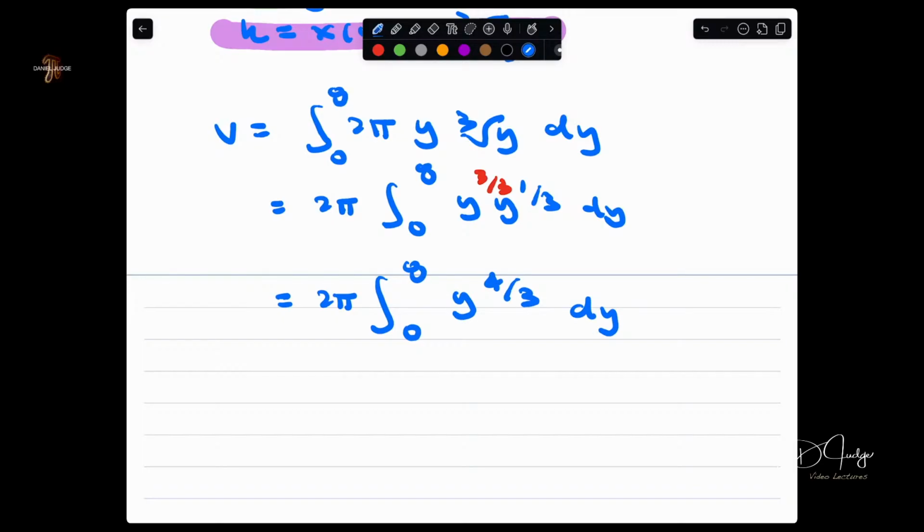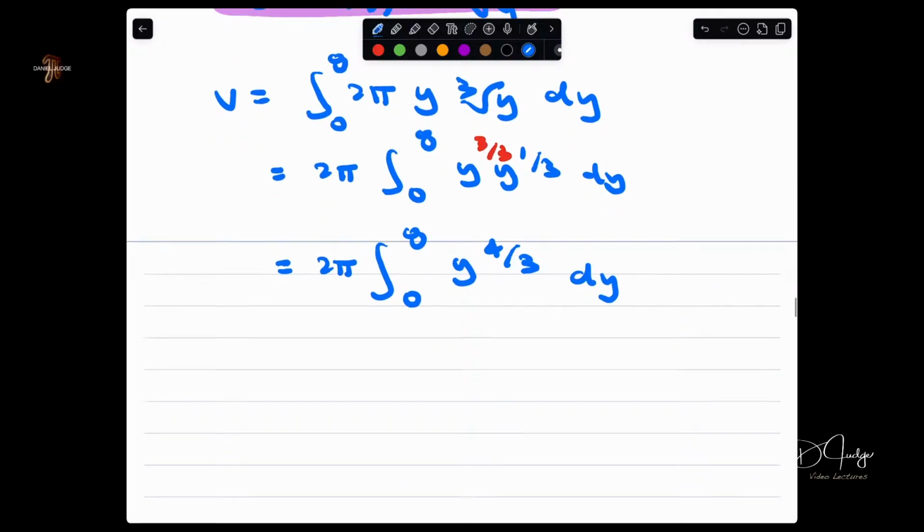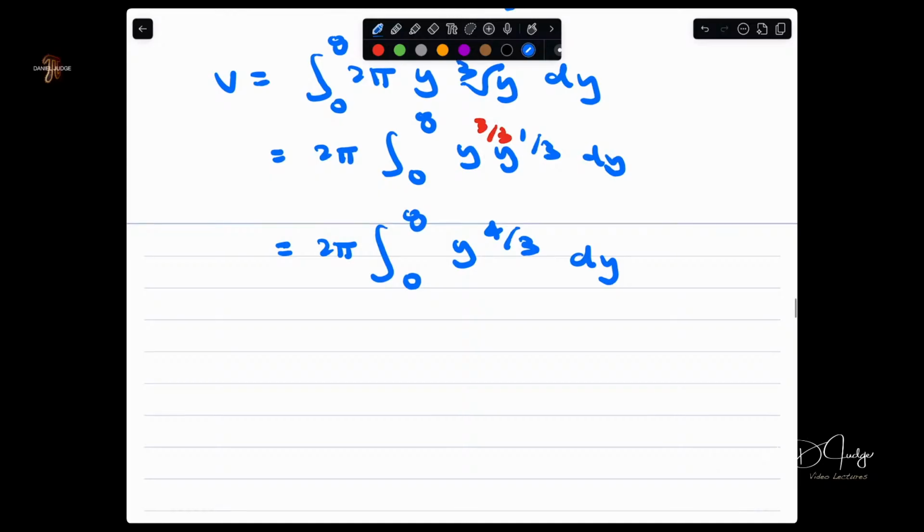All right. Nice integral. Okay. Y to the 3/3 plus 1. This would be 7/3 over 7/3 by the power rule.